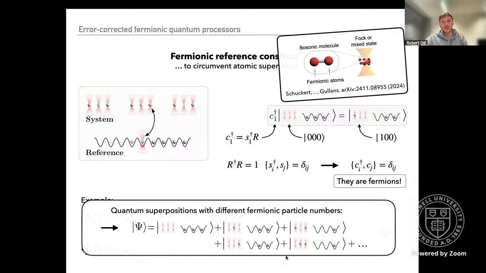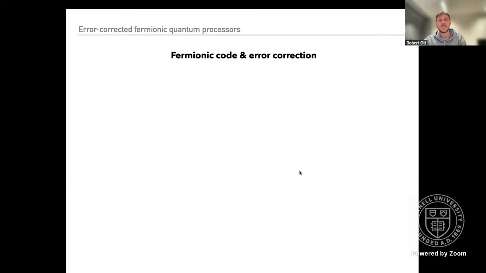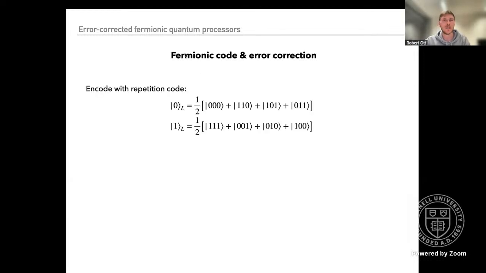Okay, so suppose we buy this construction for the moment, then actually you can realize these states. And here I'm using this occupation label for the states that I was introducing earlier. For a simple repetition code, we could realize this logical 0 and this logical 1 over here. So you see it's an equal weight superposition of all combinations of basis states that are even parity.